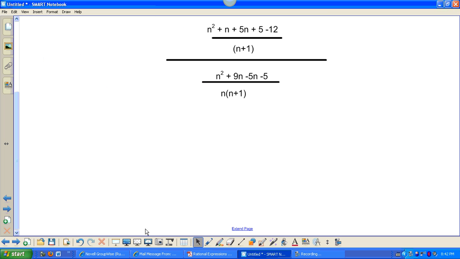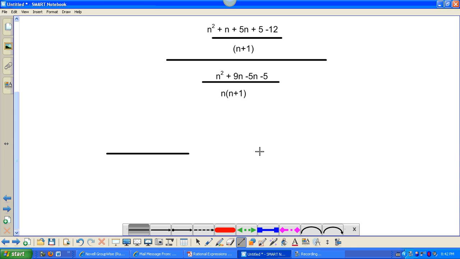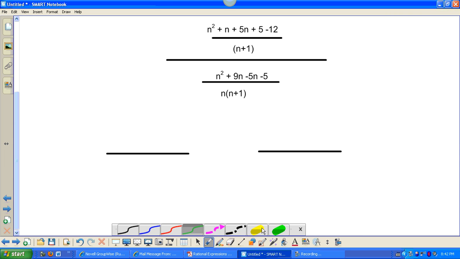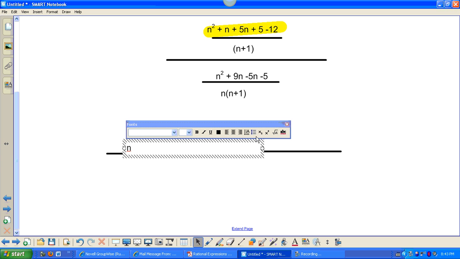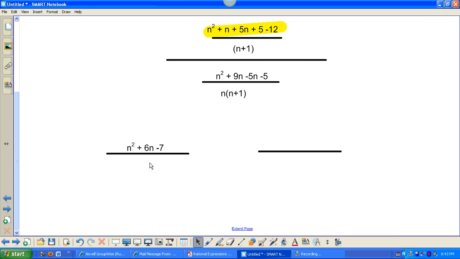Okay, I'm going to do a lot in this next step. Remember that dividing is the same as multiplying by the reciprocal. So I'm going to simplify this numerator, and it is going to become n squared plus 6n minus 7, and the plus 1 is going to stay.